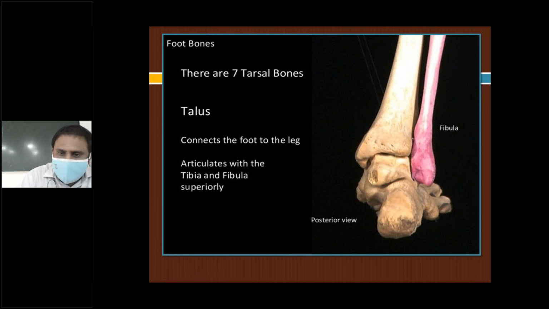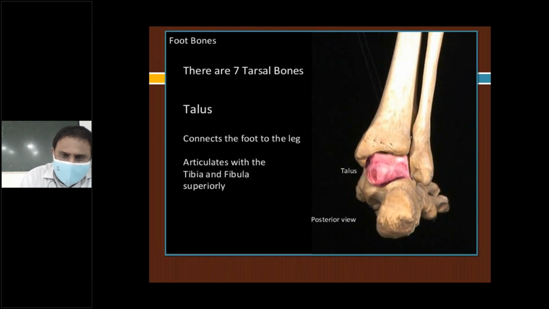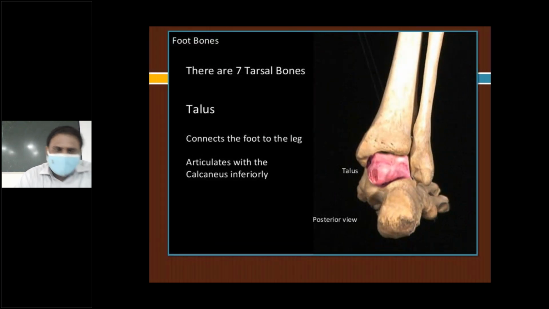It articulates superiorly with the talus. It connects the foot, and inferiorly it is attached to the calcaneus.